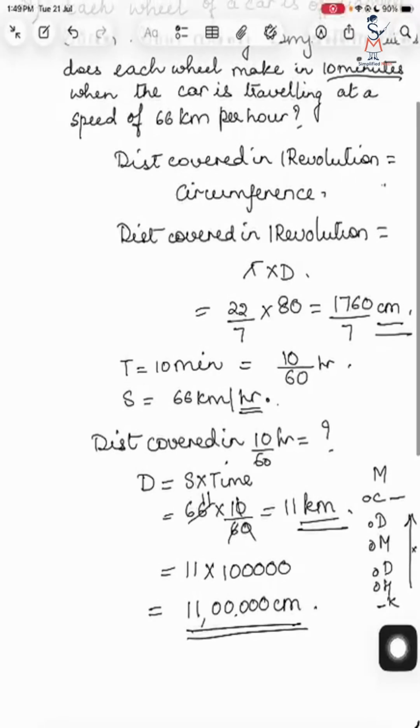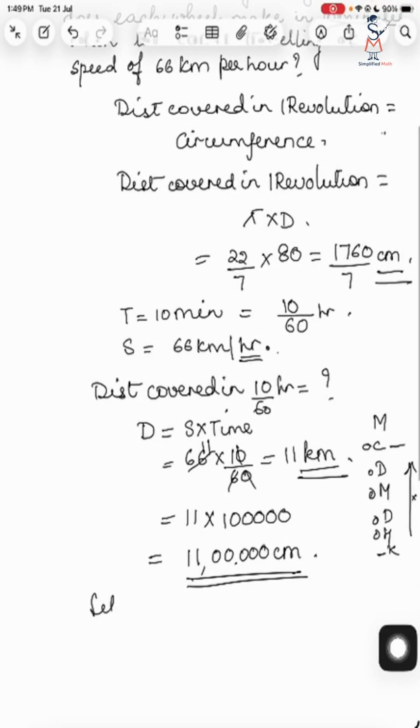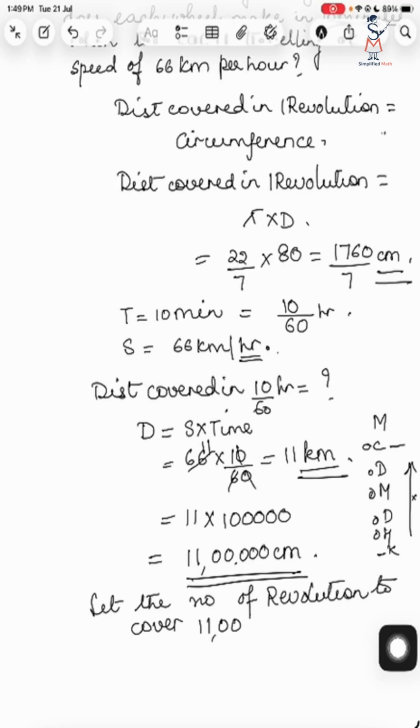Now we have to find the number of revolutions made to cover this much distance, right? So let the number of revolutions to cover 11,00,000 centimeter be n, right? So we have assumed the number of revolutions to be n.